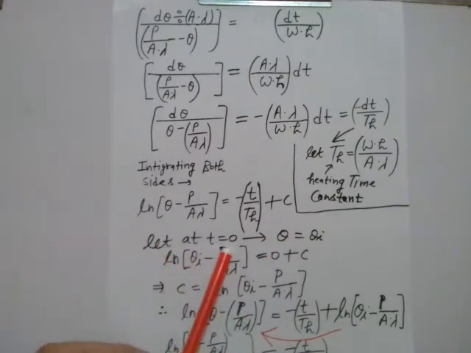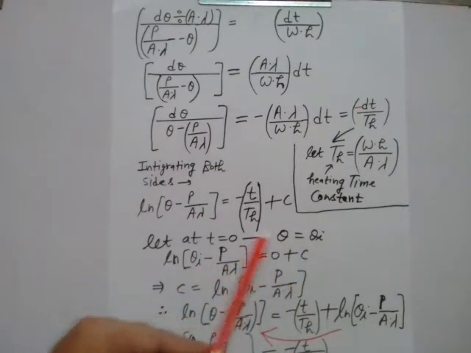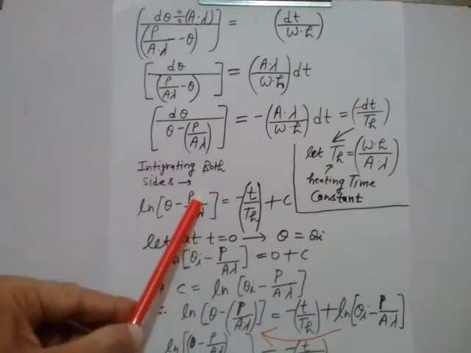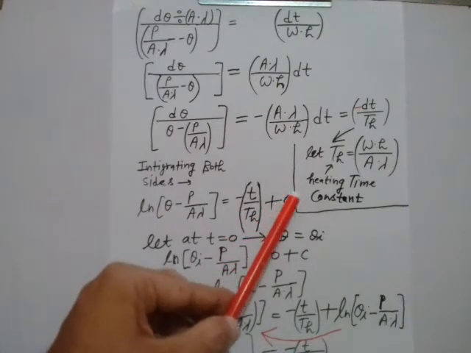So suppose initially, that means at t is equal to 0, the initial rise in temperature is theta suffix I, right? So you will put these limits into this equation. So you will get c is equal to ln (theta I minus p by a lambda), right? So put this integration constant c into this equation.